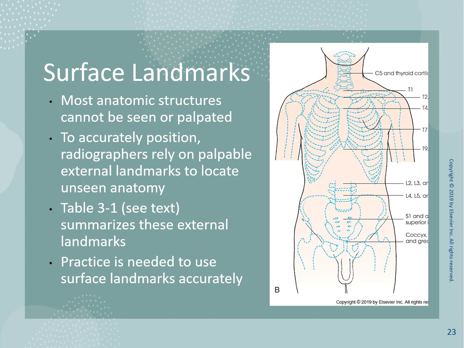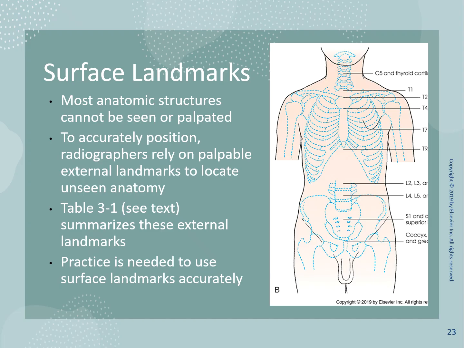T1, T2 is right about at the sternal notch, sometimes called the jugular notch. T4 is at the sternal angle. T7 is halfway down the sternum, so halfway between our xiphoid process and our sternal notch is T7.